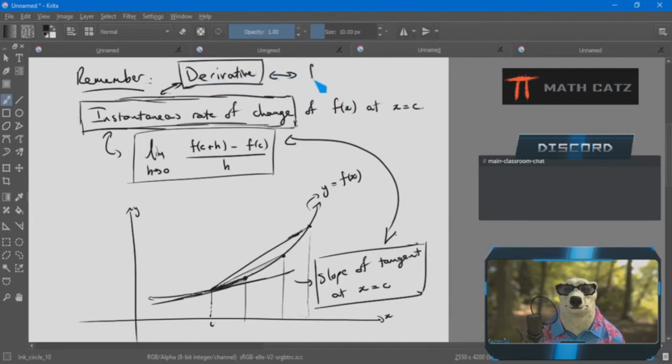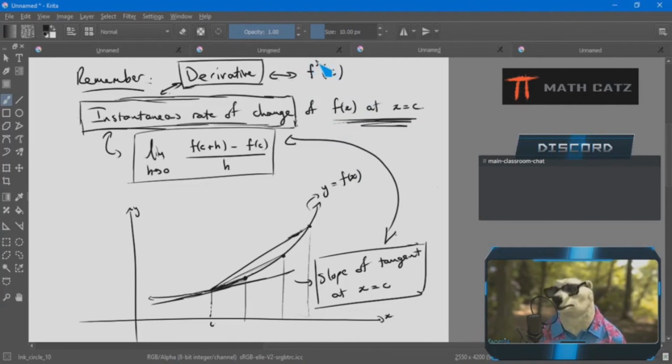I want to recycle the name of the function, but put a little apostrophe there. And that is going to be the symbol for the derivative of f, the instantaneous rate of change of f, this limit definition, but at a specific x value. So I'm going to have to put the x value in question in there as well, so that I can capture all of this information in one go.